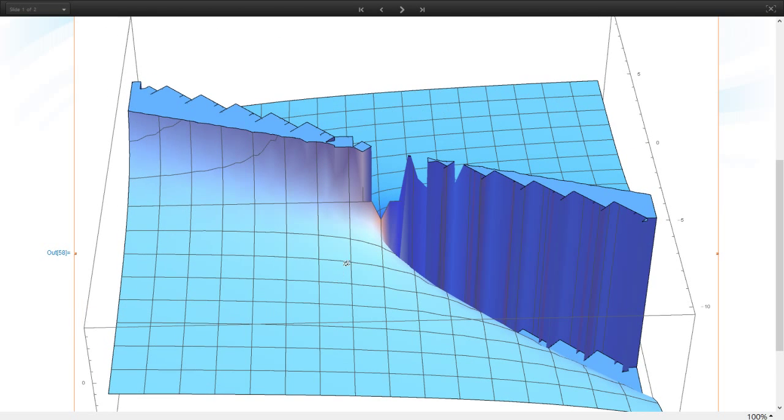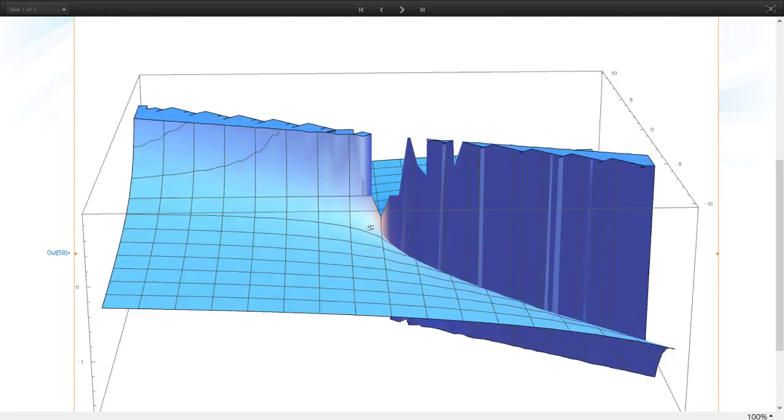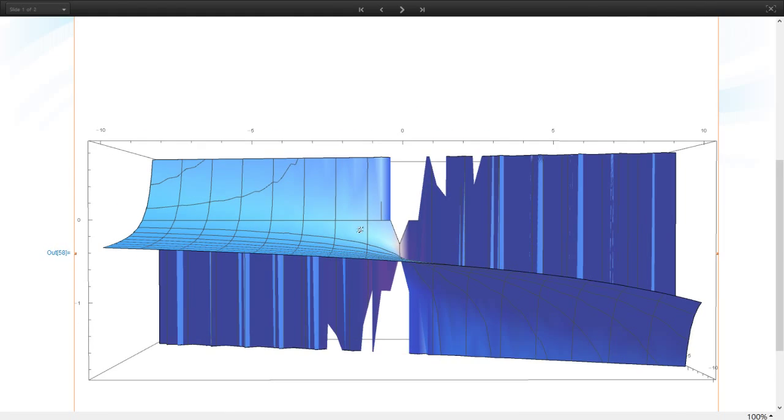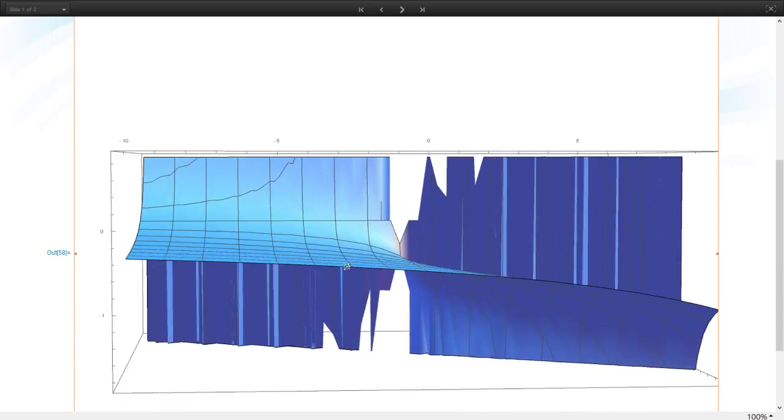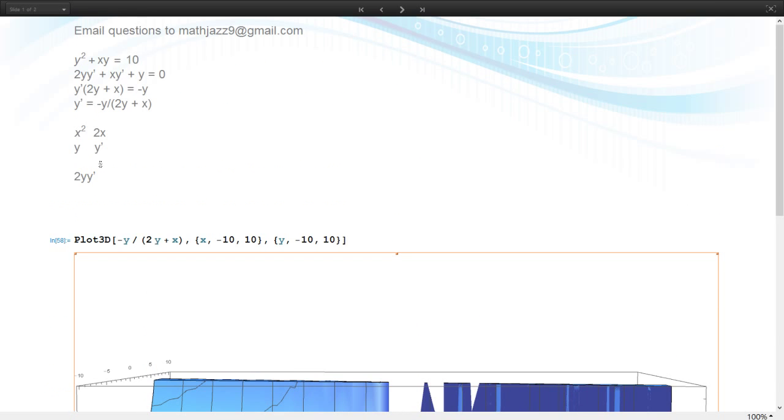For example, if I plug in whatever this x value is on this line, whatever this y value is on this line, if I plug in this point on the graph, I'm going to get out whatever this height is on the graph, and that represents the slope of the tangent line to this curve at that point.